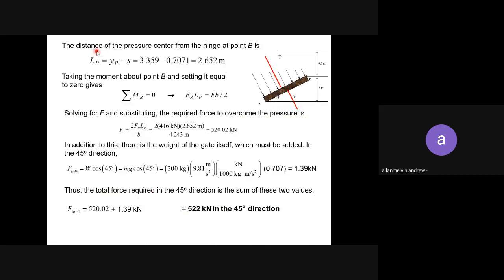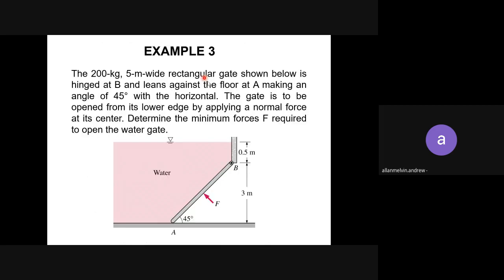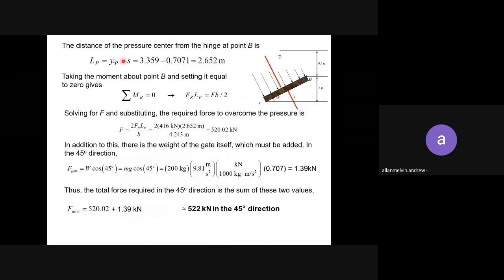So now you calculate the distance of the pressure center from the hinge at point B. So you calculate from this point to here. Yes, LP. So from point B to the center of pressure is YP minus S. So YP is from the free surface to the center of pressure.